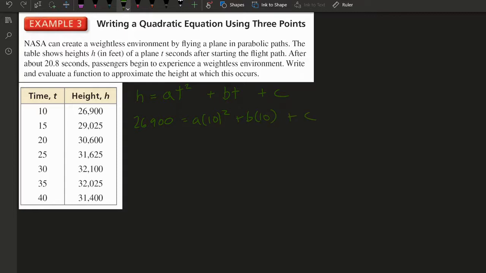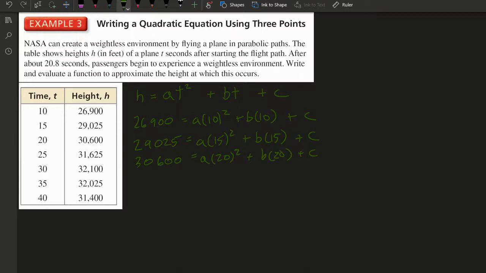And then we could do another equation where we said, let's do them in order, 29,025 is equal to a times 15 squared plus b times 15 plus c. And then 30,600 equals a times 20 squared plus b times 20 plus c.